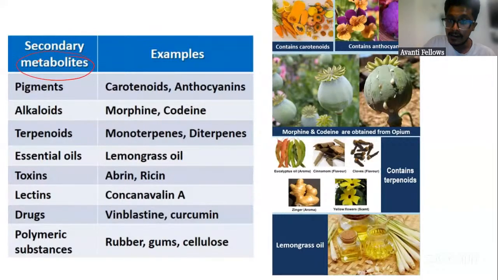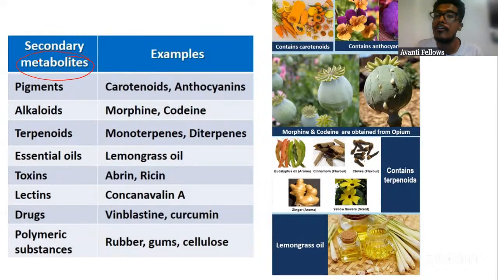What is a metabolite? A metabolite is the result of the sum total of chemical reactions. For example, if I have glucose and by the end of the metabolism I have ATP, that is called a metabolite. Similarly, if I have proteins and the end result of metabolizing protein is getting amino acids, that is a metabolite.